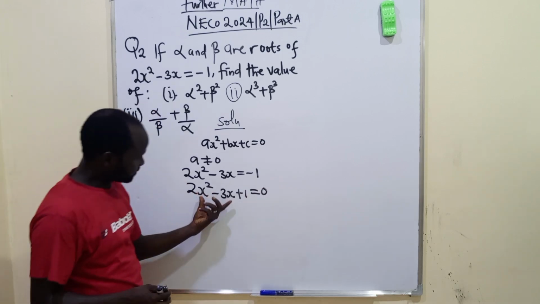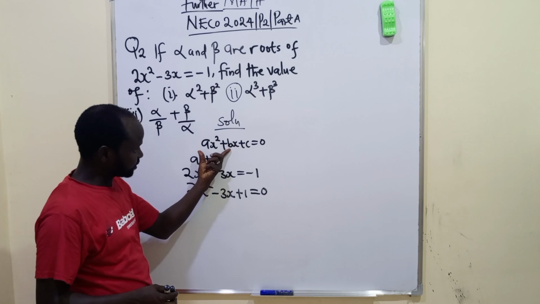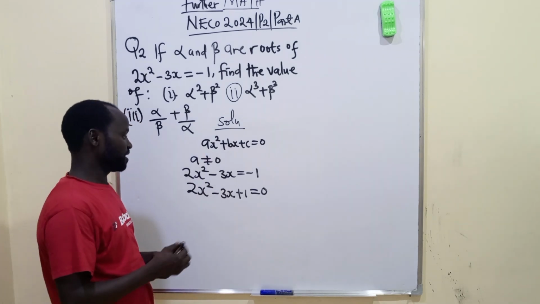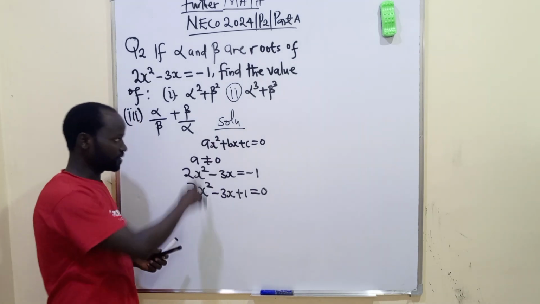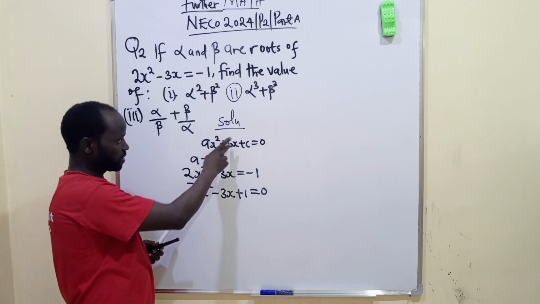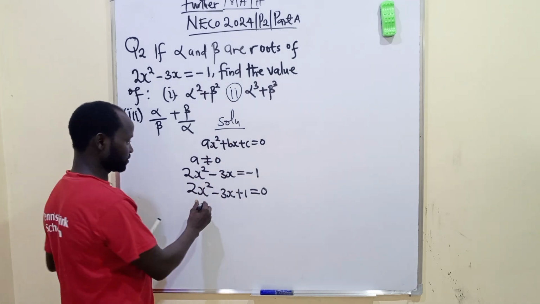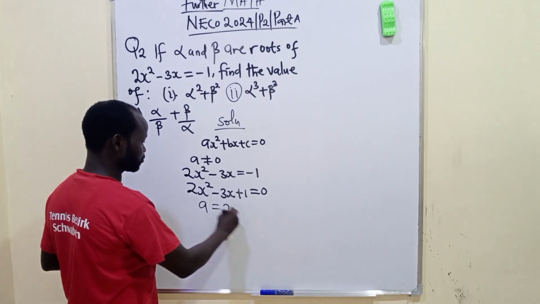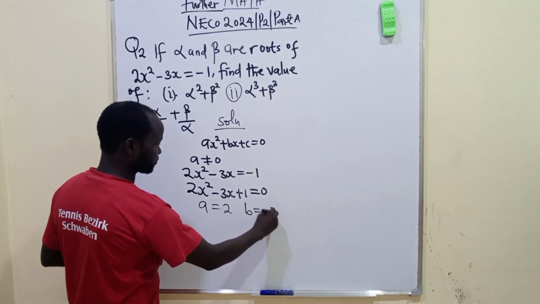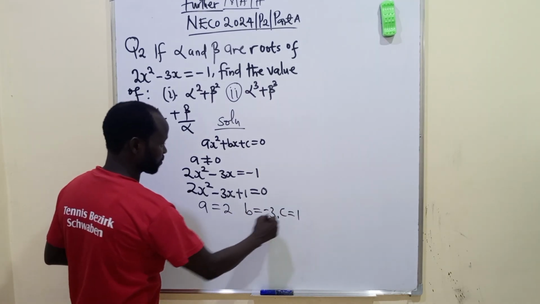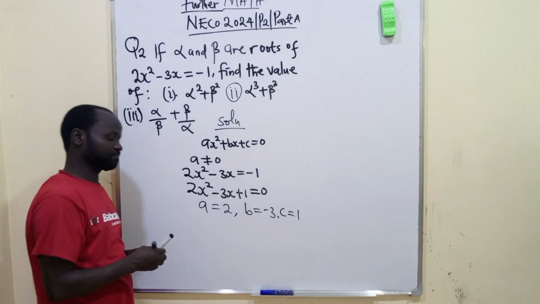So you realize that this quadratic form is the same as the standard one. From here, by comparing, a is 2, b is minus 3, and c is 1, respectively.